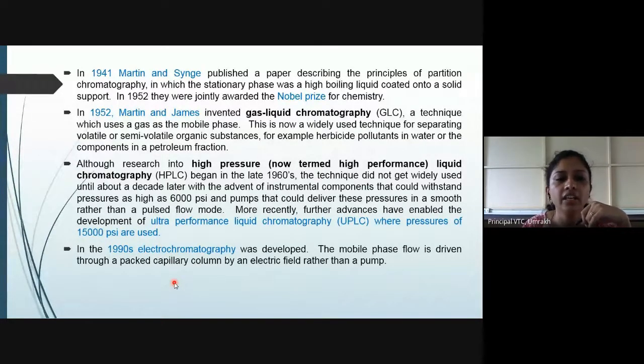Then in the 1990s, electrochromatography was developed. In electrochromatography, the mobile phase is driven through an electrical field rather than a pump, flowing through a packed capillary column.